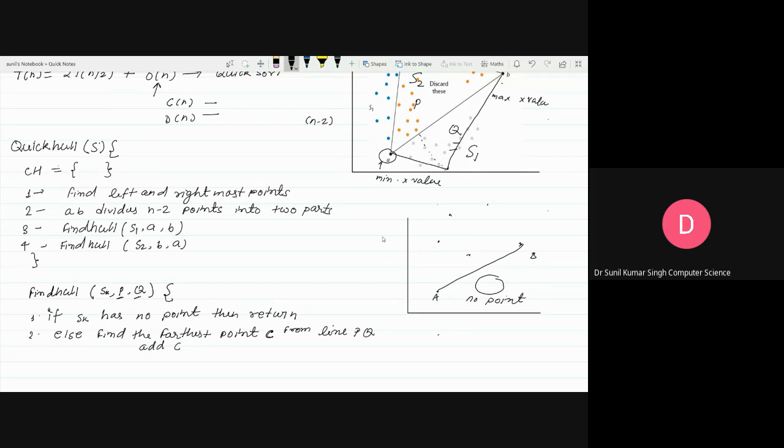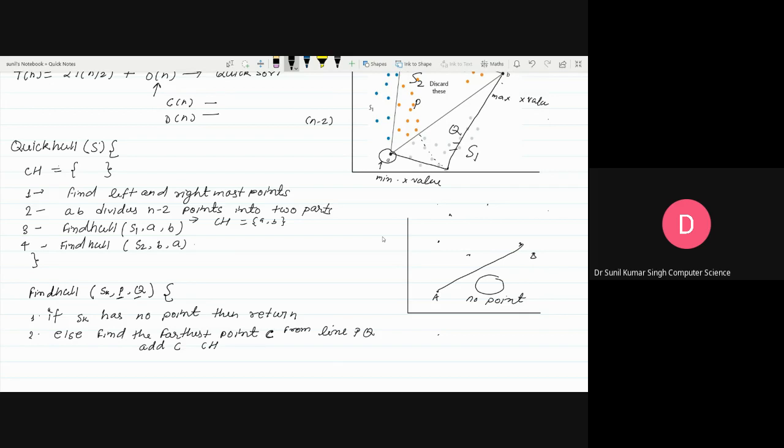Add C into CH. And you have to write one more step to add these points AB into CH. So maybe you can write here, add AB into CH after choosing the min and max value of this coordinate A and B. You have to add these points AB into the CH. Now here add C into the CH. So 3 points are added.